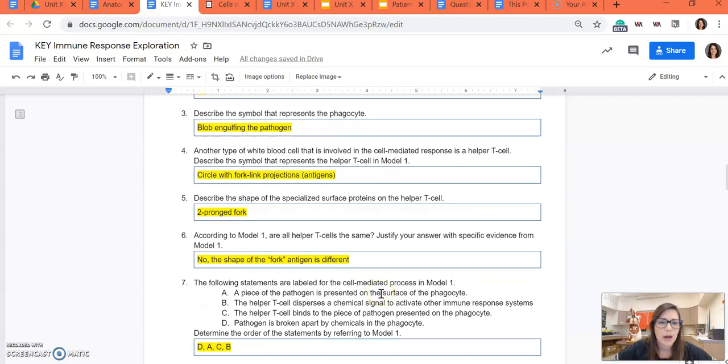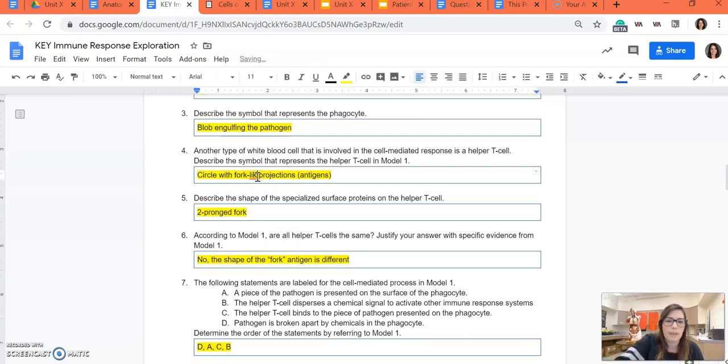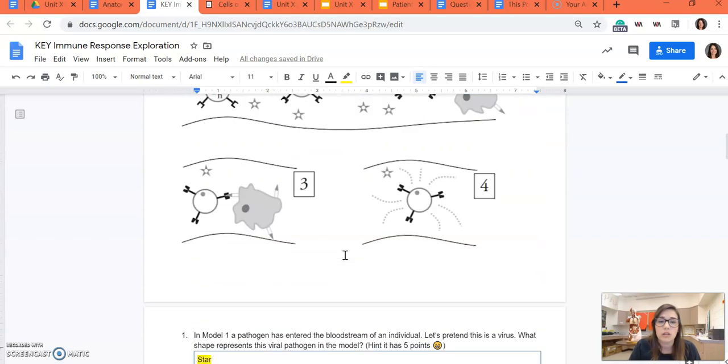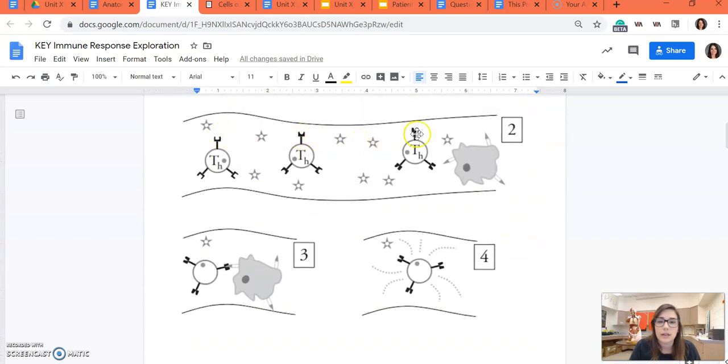Same thing. Number 4 should be the circle with the fork. I should say like, not link. Whoops. Sorry. The two-pronged fork, that's the antigen, which are the surface proteins. Number 6 should be no, the shape of the fork antigen is different. So if you look closely, they're all a little bit different.